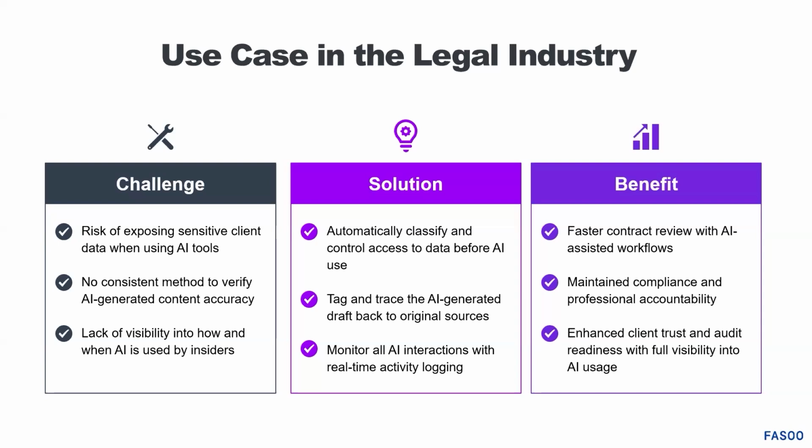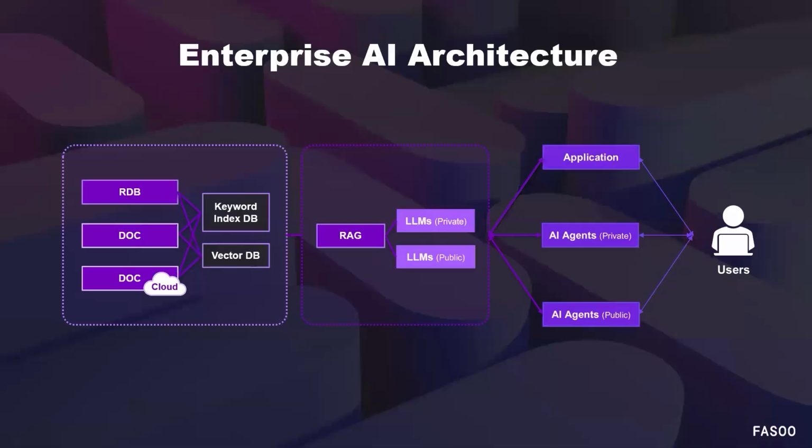One of the key pieces in the legal industry is that, at least in the United States, attorneys by their bar associations have to maintain what they call professional accountability. So if you're an attorney and you were to leak data from client A to client B, you are personally liable. So it's not just the organization, but in this case, the individual. So that is a simple example of how this law firm did that.